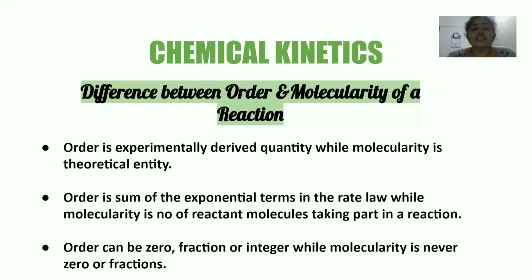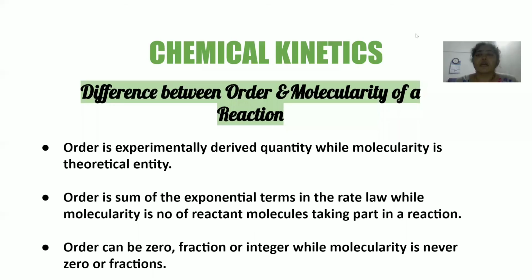If you write zero, that means zero molecules are participating in the reaction, which indicates the reaction is not taking place at all. So molecularity is never zero. It can never be in fractions. Molecularity is always in terms of whole numbers. It is never negative also. So you understood, children, molecularity can never be zero or fractions. It is always a whole number.